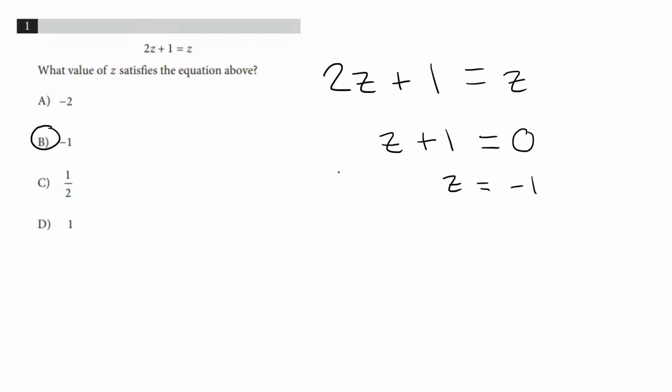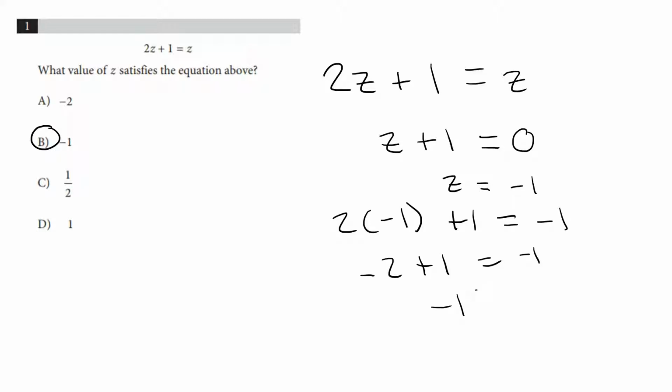However, we can check this because this is just a walkthrough. So 2 times -1 plus 1 should be equal to -1. We see that -2 plus 1 is equal to -1, which is true. -2 plus 1 is -1, and we see that our solution checks out, and there we go. So the answer is B, -1.